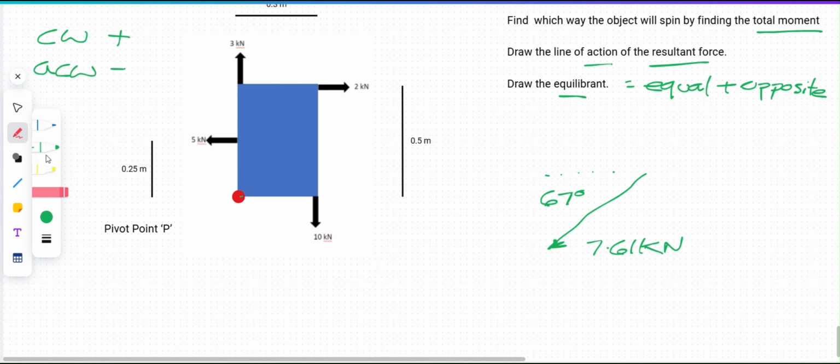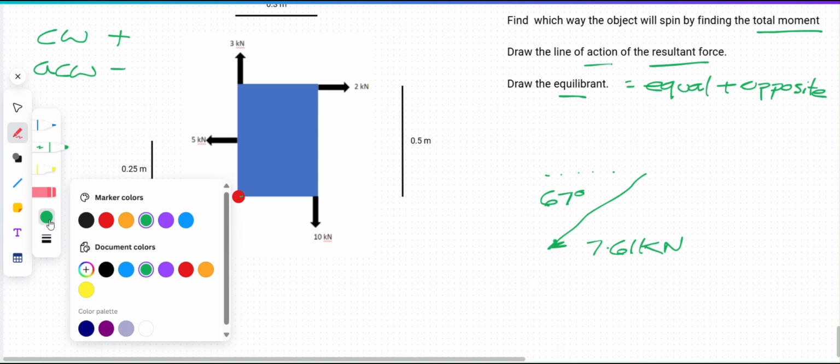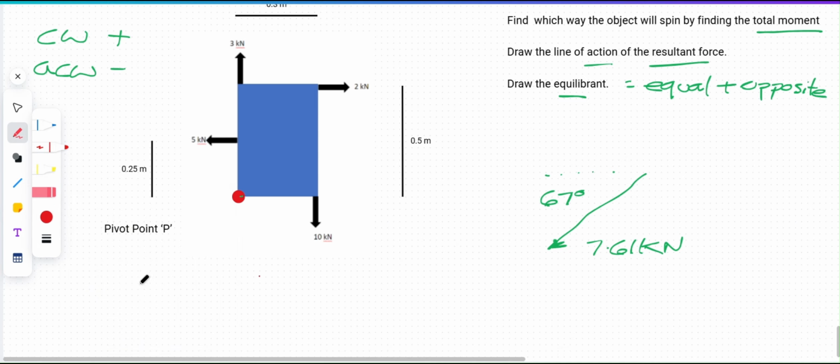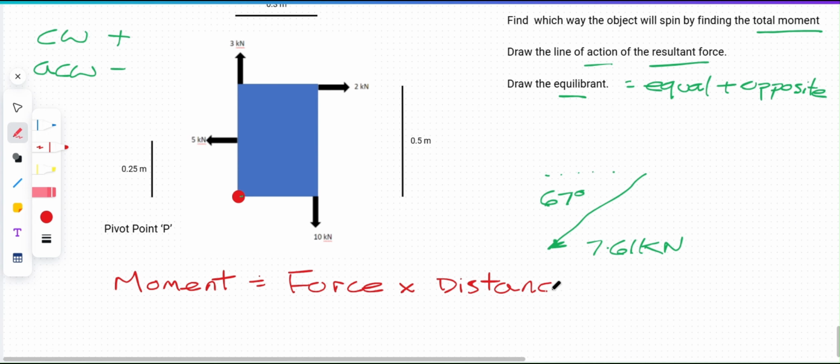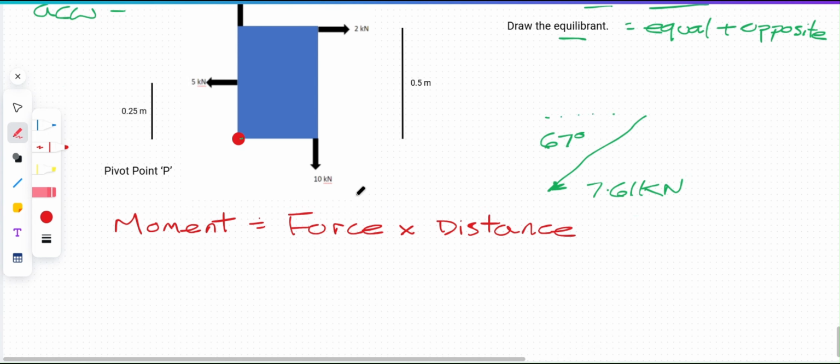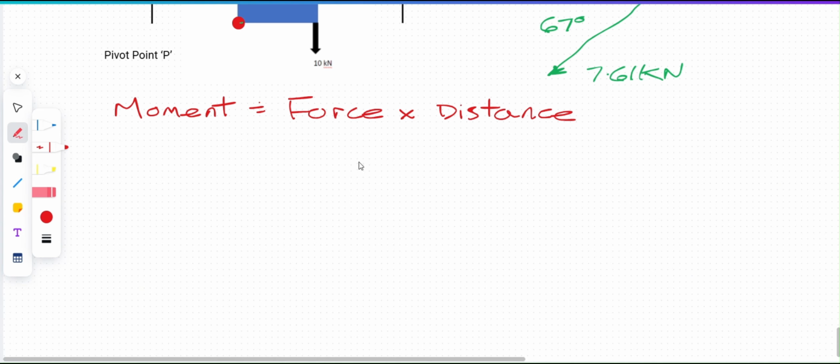And all I'm going to do is use moments. We've done them before. So a moment, which is like a torque, a turning moment, is force times distance to the pivot. So we're going to find the force in newtons, and multiply it by a distance in meters.